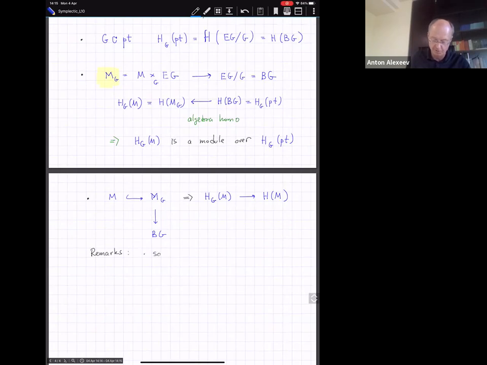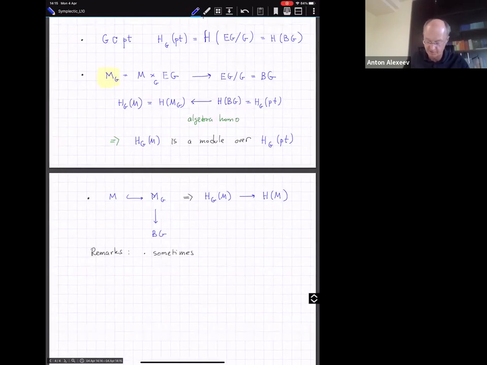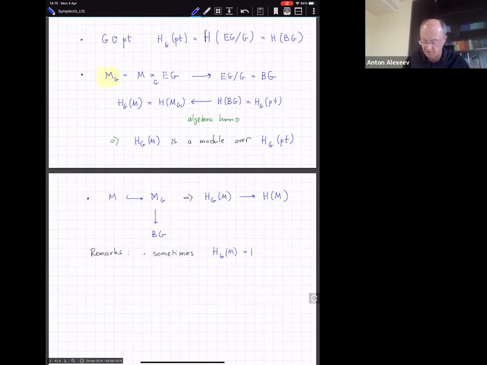First of all, sometimes it happens that the equivariant cohomology of M is simply equal to the tensor product of equivariant cohomology of a point and the ordinary cohomology of M. It's not always, but sometimes such things happen.